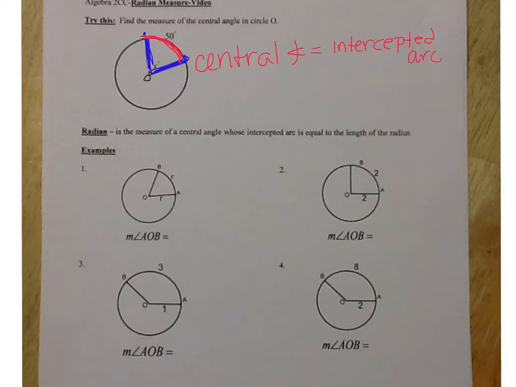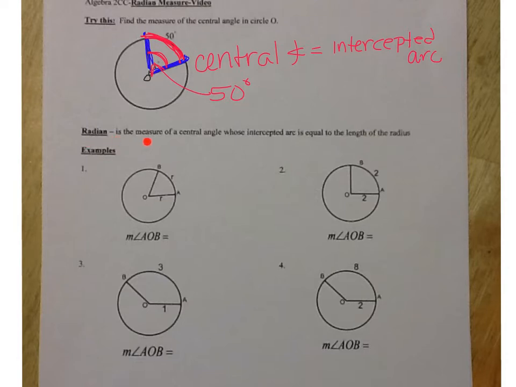So if the arc is equal to 50 degrees, then this angle here is equal to 50 degrees. Okay? So let's talk about what a radian is.